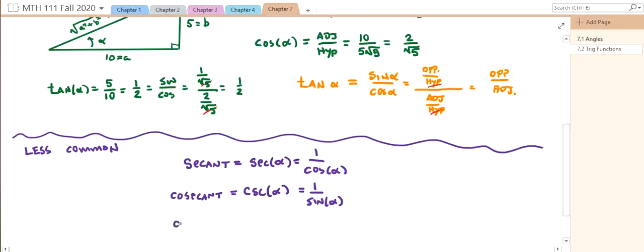And then we have the cotangent, equals cot of alpha, which is 1 over the tangent of alpha, which is, instead of sine over cosine, cosine of alpha over sine of alpha.